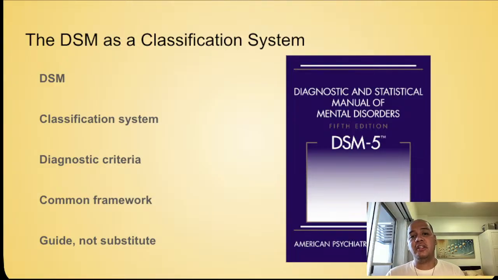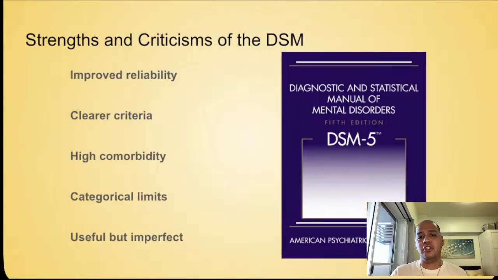Imagine one person saying severe nervous instability, another saying emotional collapse, and perhaps another saying panic syndrome, and all of them meaning different things. So, alam natin medyo magulo. So the DSM helps standardize the language of diagnosis, but it is important to remember that it is a guide, not a substitute for judgment. The DSM can organize information, but it cannot replace careful thinking, context, and formulation.